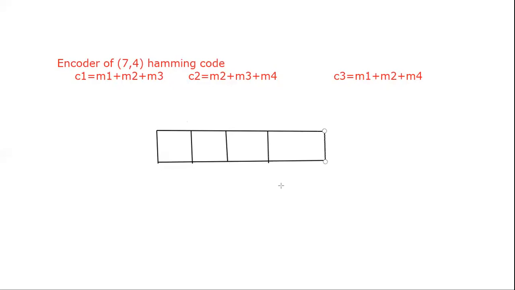There is no need to have one box width less and another box width more. Try to maintain the same width. Now suppose this is the message bit register.